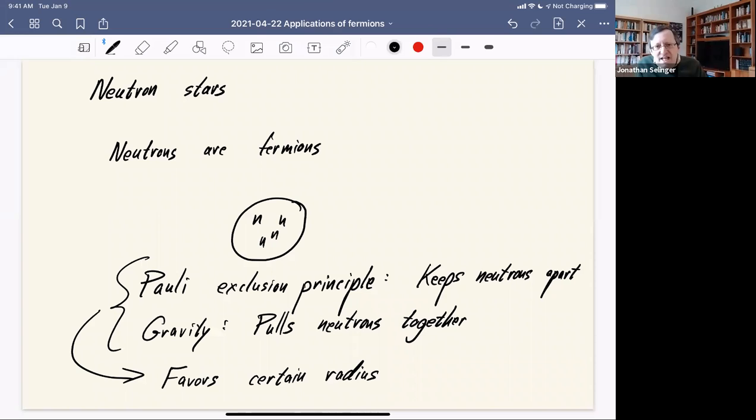And so there are many neutrons in a sphere, and they have a certain set of allowed states, and they fill up those states, starting from the lowest energy ones and working their way up. So the same as electrons in an atom start with the lowest orbital and fill their way up. Here it's neutrons in a star box, filling their way up.